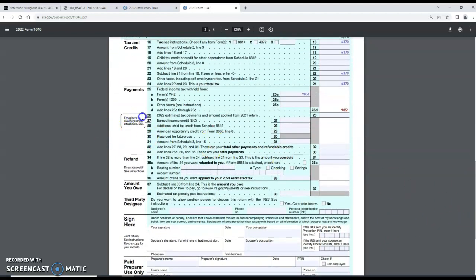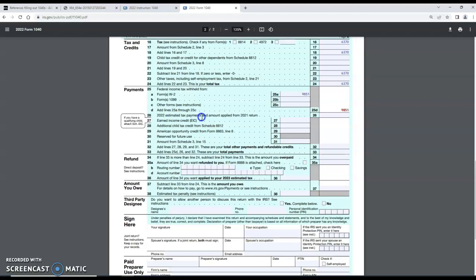Line 26, estimated tax payments and an amount applied from last year. Estimated tax payments usually for our class are going to happen if Thomas was self-employed. If he had his own business, then he would have to pay out estimated tax payments.